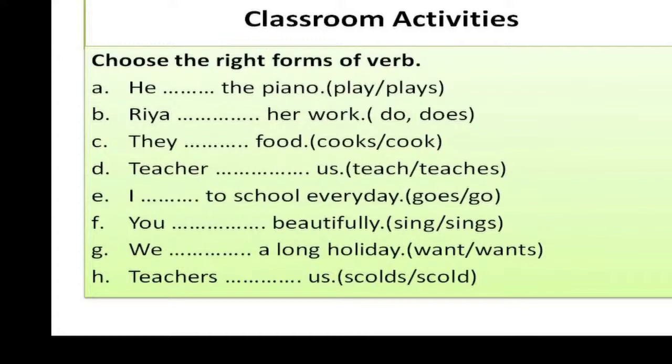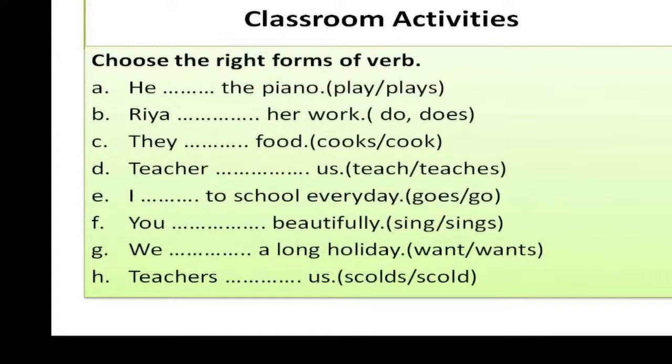S is added in the second option, so sings is verb 5. The first one is verb 1. And you is an exception case. What are you going to use with you? Think. G number, we, that is a plural subject, want or wants. The second is verb 5, the first one is verb 1. H number, teachers. Teachers scolds or scold.